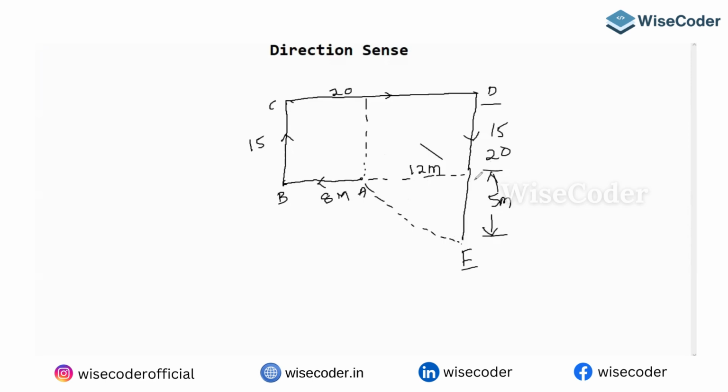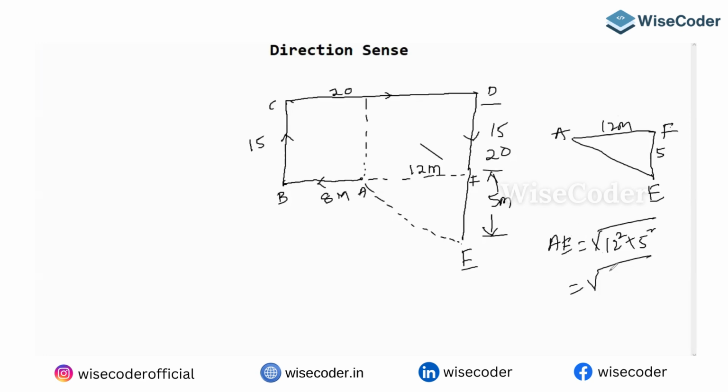Let's say this is F. Again there is a right angle triangle AFE. This is 12 and this is 5. So AE is equal to the square root of 12 square plus 5 square, that is 144 plus 25, which gives the square root of 169. That is 13 meters again.